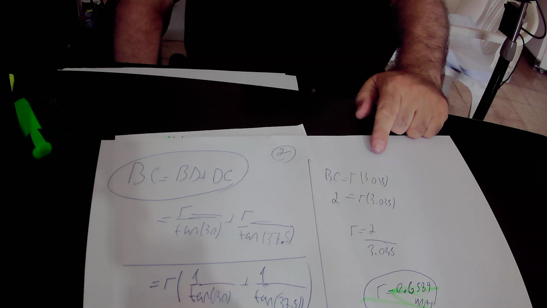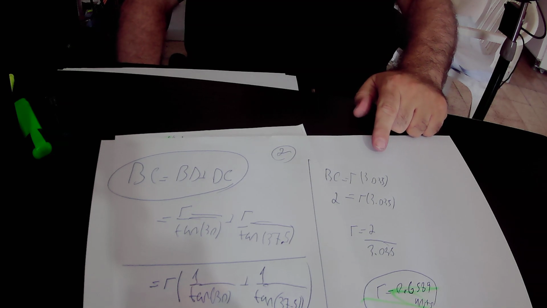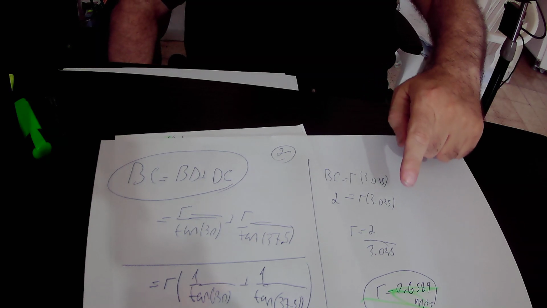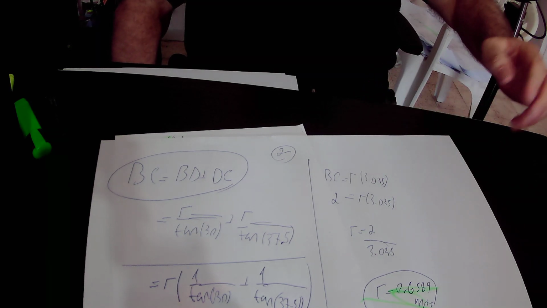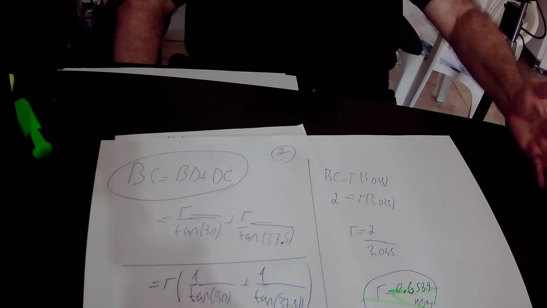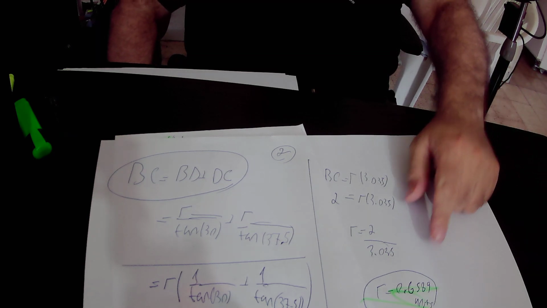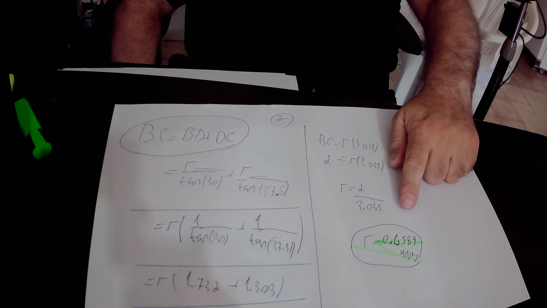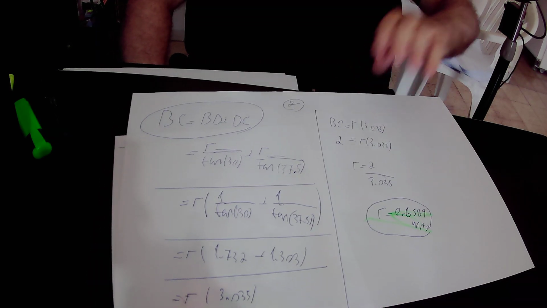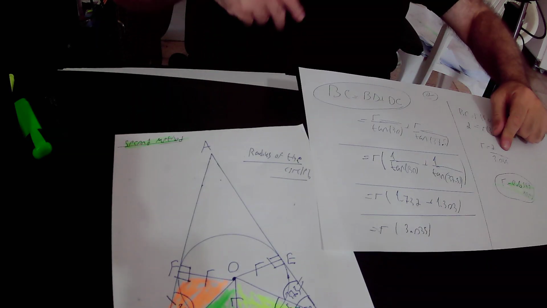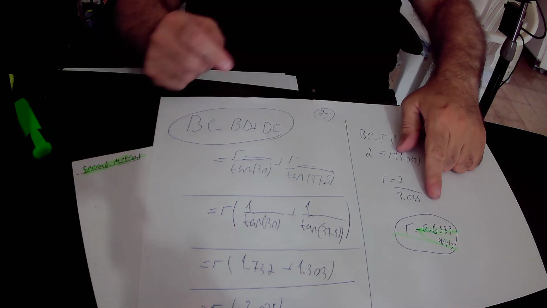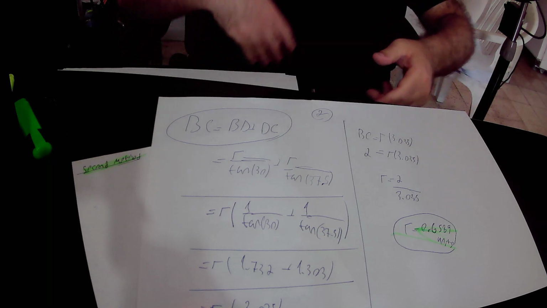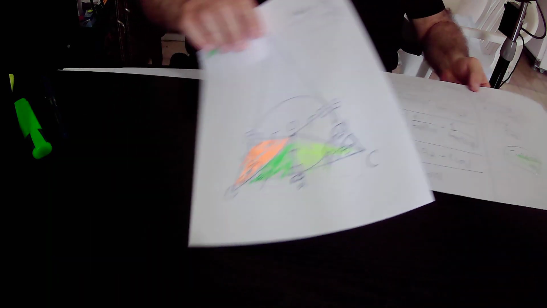We divided this equation by 3.035 and found out that R equals 2 over 3.035, which equals the radius of the circle, that is equal to 0.6589 units. So in both methods we found out that the radius of this circle that is described by triangle ABC equals 0.6589 units. Then I presented to you the second question.